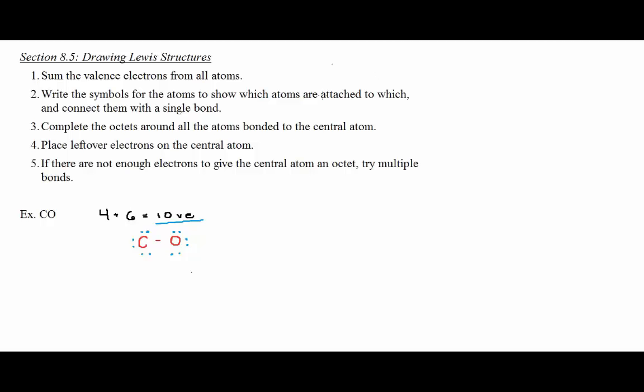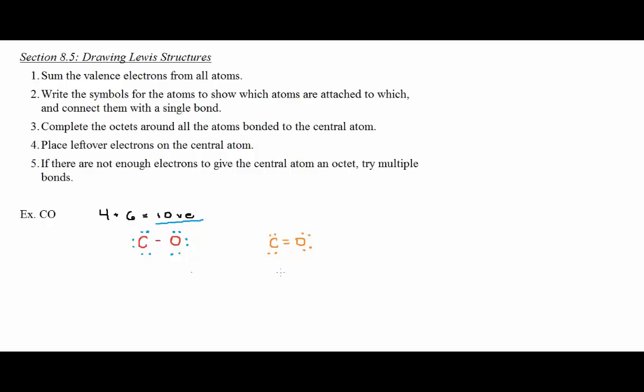So what I'm going to do is I'm first going to create a double bond and see how many valence electrons I end up using if I have a double bond. So I'm going to double bond carbon to oxygen. So that's 4 electrons there, which means carbon needs 4 more. Oxygen needs 4 more as well. So now I have 2, 4, 6, 8, 10, 12 valence electrons. Well, I can only use 10.